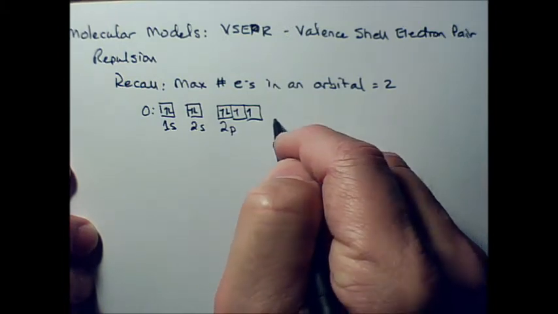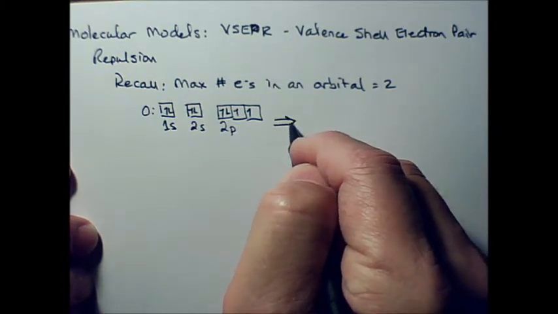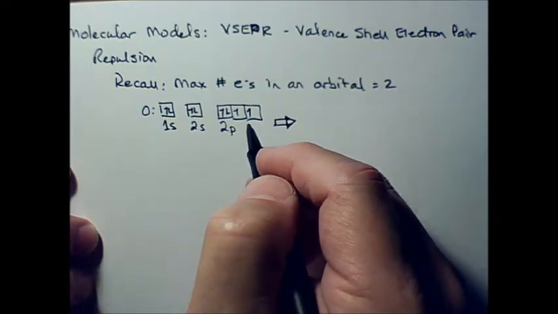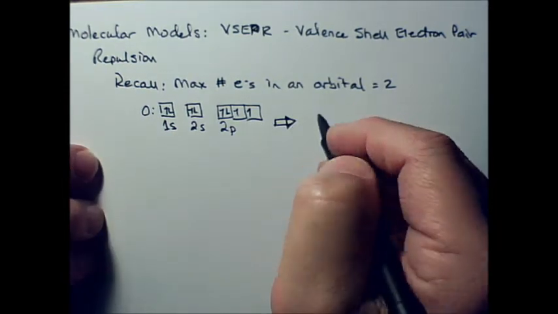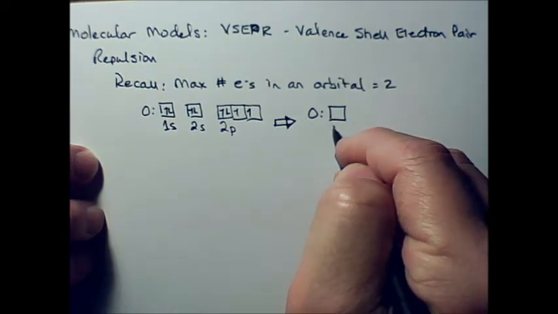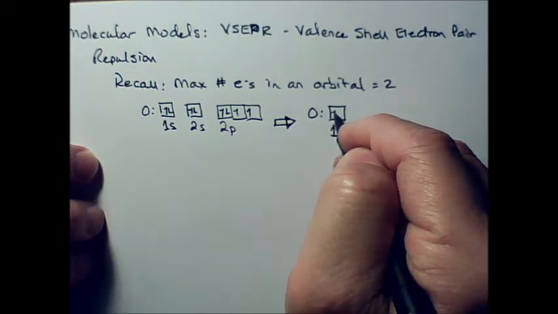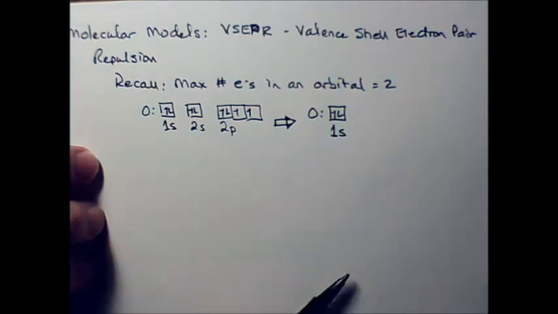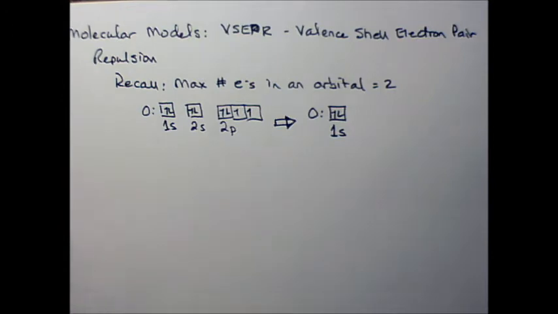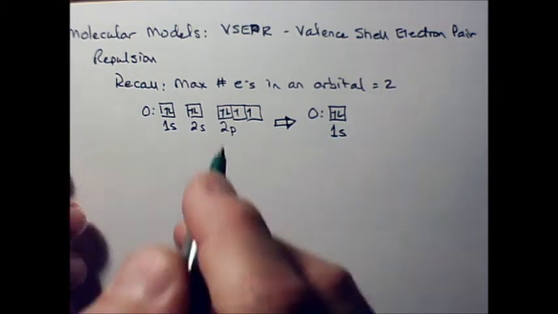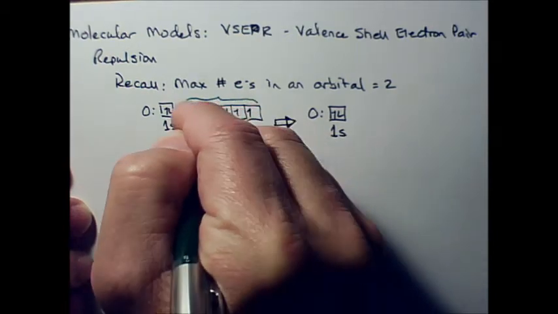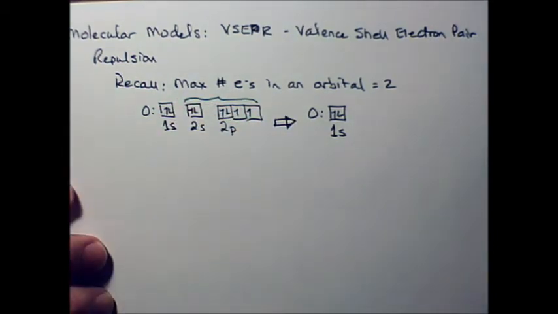Now if we take it from this stage and go to where we hybridize that oxygen, 1s doesn't change because it's not the valence level. The valence level is whatever the highest energy level is for that atom. So the second primary level is the valence level of oxygen.